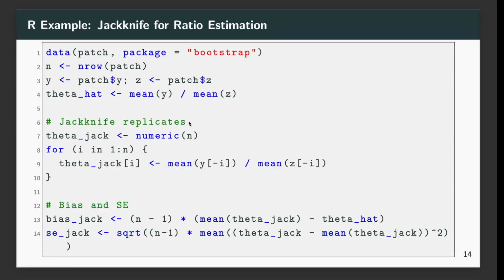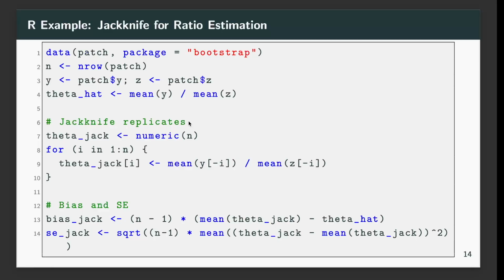Now let's look at an example, in which we use the Jackknife for ratio estimates. For this one we will be using the patch dataset from the package bootstrap. I want you to take some time. You can pause this video, run this in your R script, and see the answers.